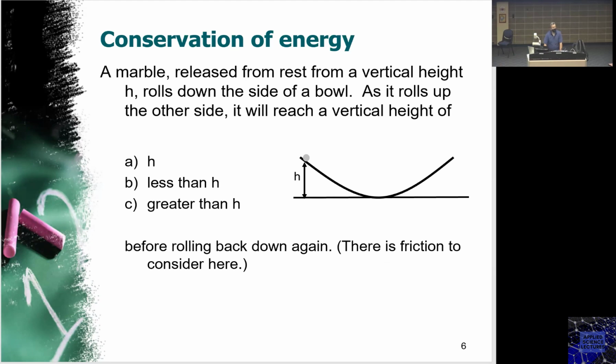Okay, so in this question we have a marble that is released from rest, as you can see, from a vertical height h, and rolls down the side of a bowl. Now this bowl is, as you can see, symmetric, which means that the left side is the same as the right side, and it's frictionless, has no friction.